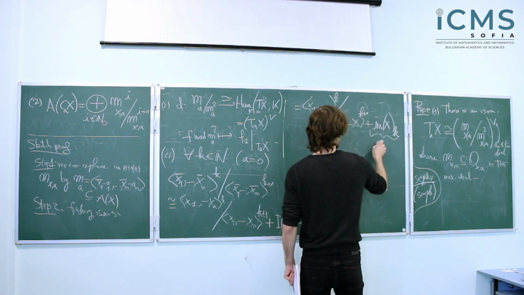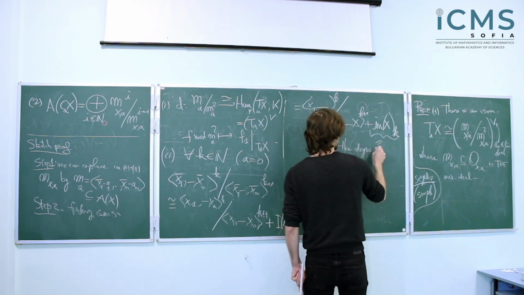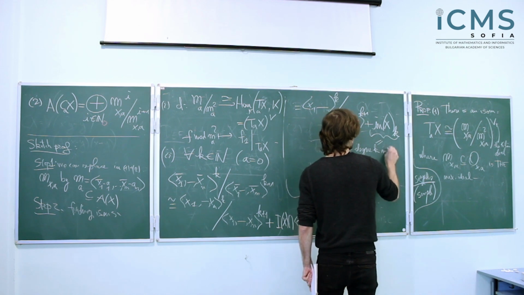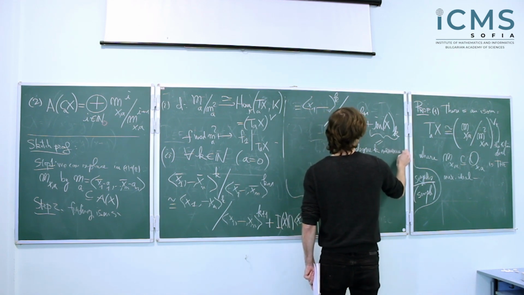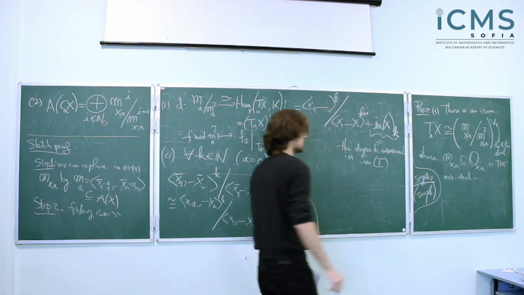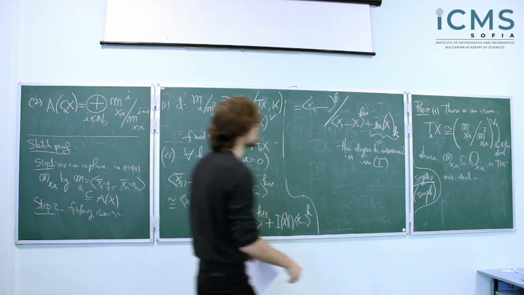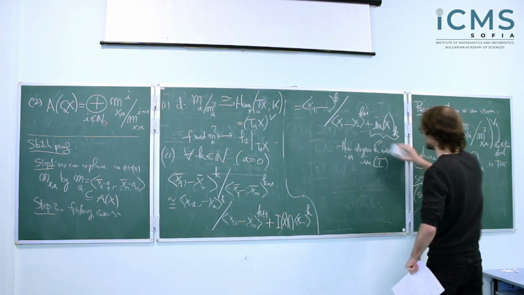So this is the degree k monomials in the initial idea of, well, not monomials, but components. Sorry.